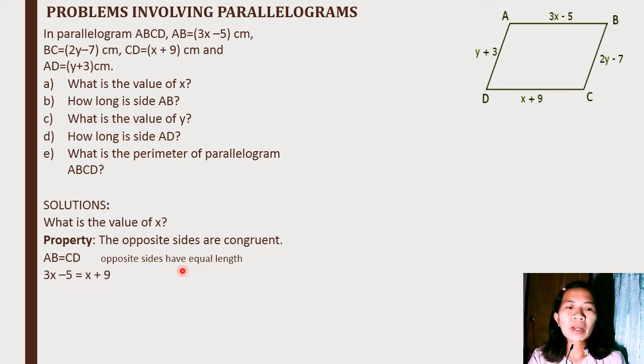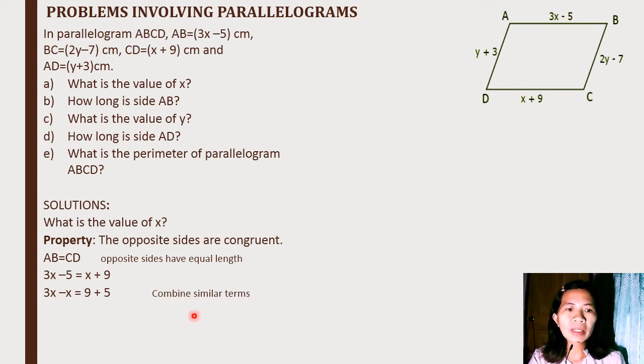And then from the given, we are going to put the value of AB, which is 3x minus 5, and the value of CD is x plus 9. Substitute the given, and then we are going to combine similar terms.